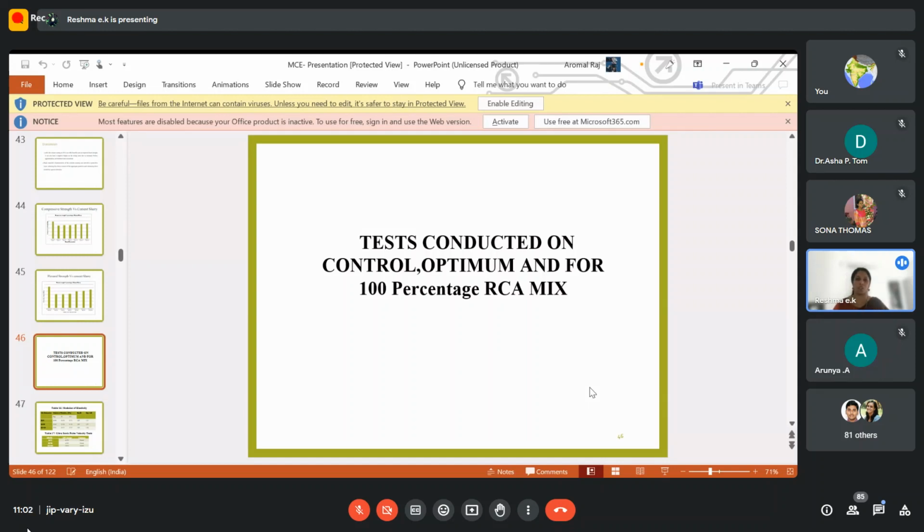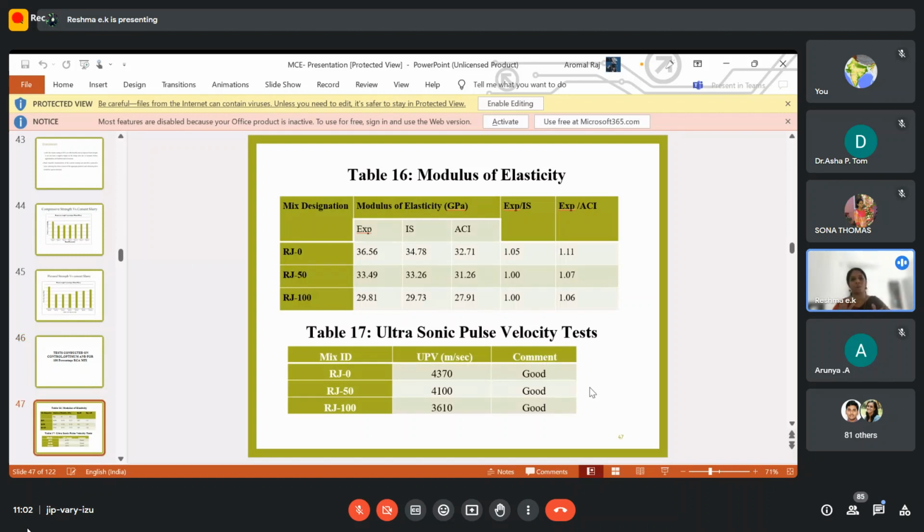And then 100%, because I'm interested in doing something on 100% replacement also, so obviously I need the upper control, similar to the lower control. So I've done it for RJ100 also. Modulus of elasticity is obviously required, so I compared with IS and ACI values, and ultrasonic pulse velocity, just to make sure that the concrete is uniform and of good quality.